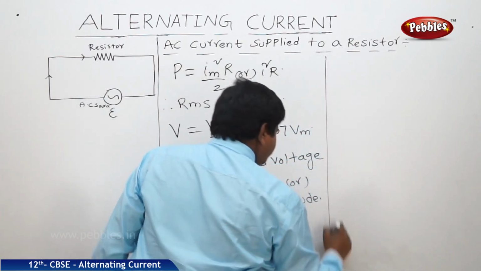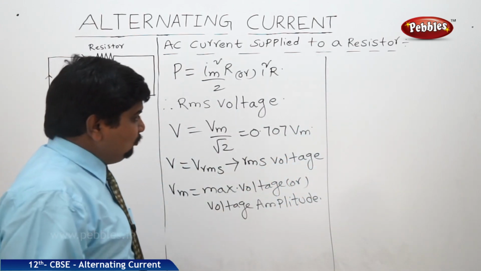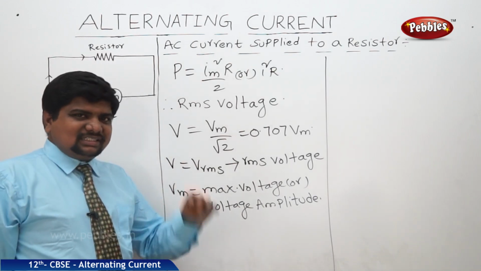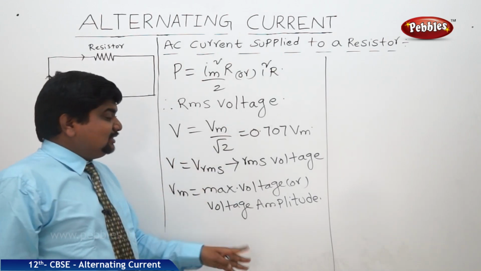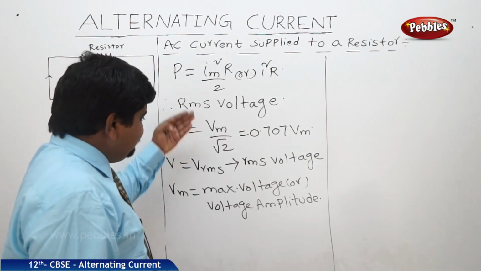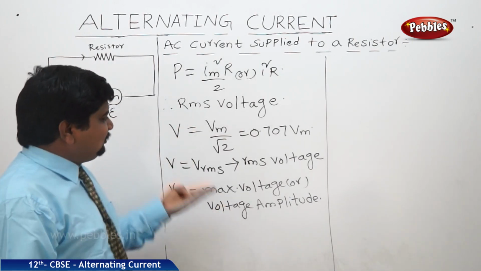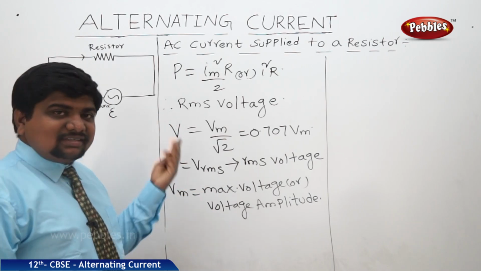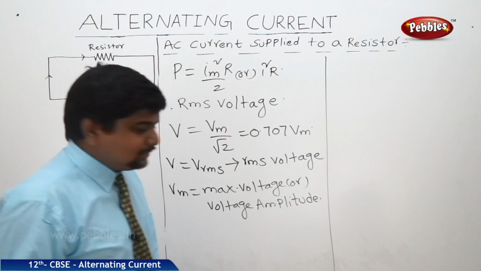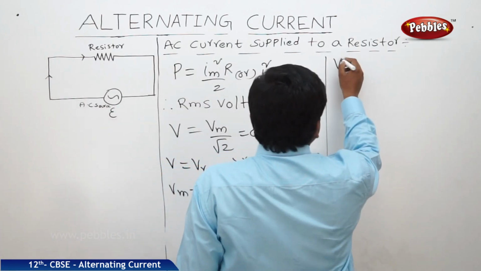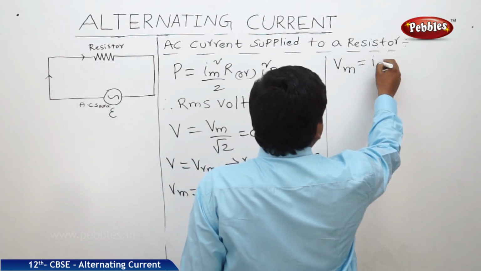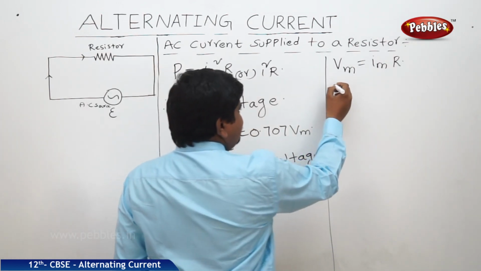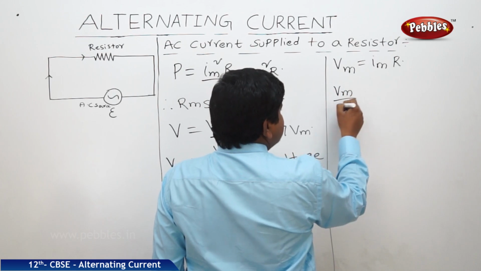Now we are going to find out how Ohm's law is valid in AC currents also, because in DC currents we only have voltage or potential difference. Here RMS current, maximum current, many new terms are derived. With respect to these maximum currents and RMS currents, can we find out the truthness of Ohm's law? Now we are going to check it. So what we got? Vm is equal to Im R. I am dividing by root 2 on both sides.